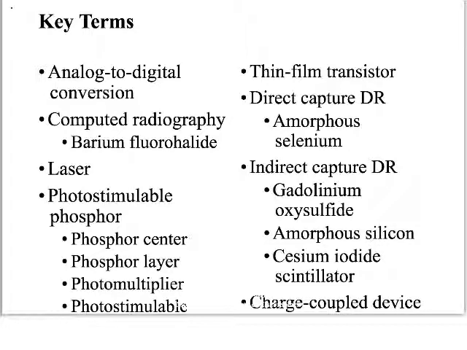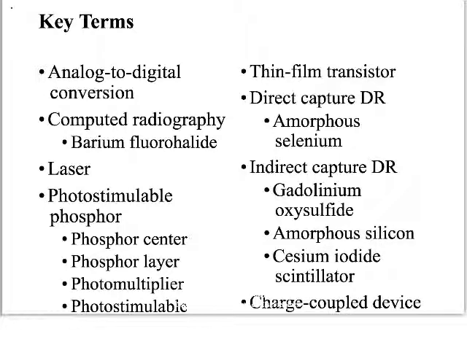That is one of the primary crystals that we'll use for computed radiography. We also, in computed radiography, scan the barium fluorohalide with a laser. So we'll define what that laser is about. Another term for that barium fluorohalide is a photostimulable phosphor. So that's just another term used to discuss what barium fluorohalide is.